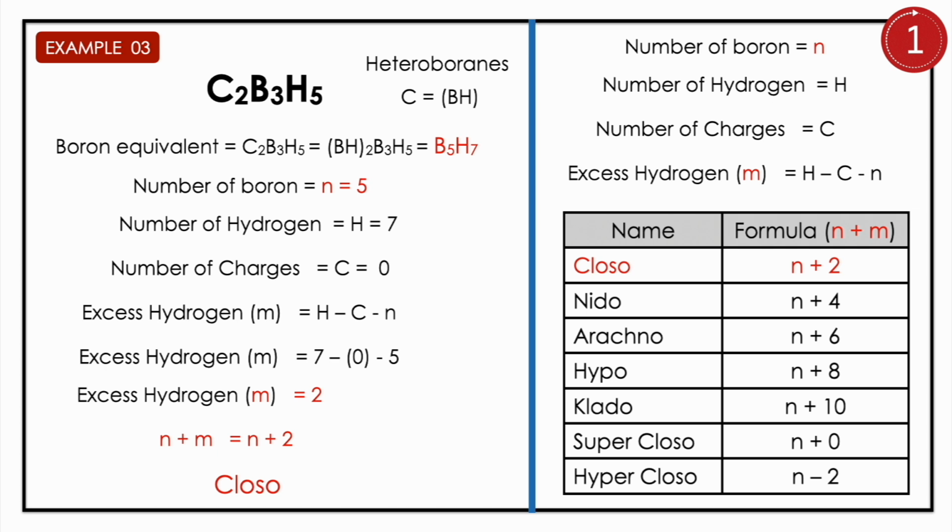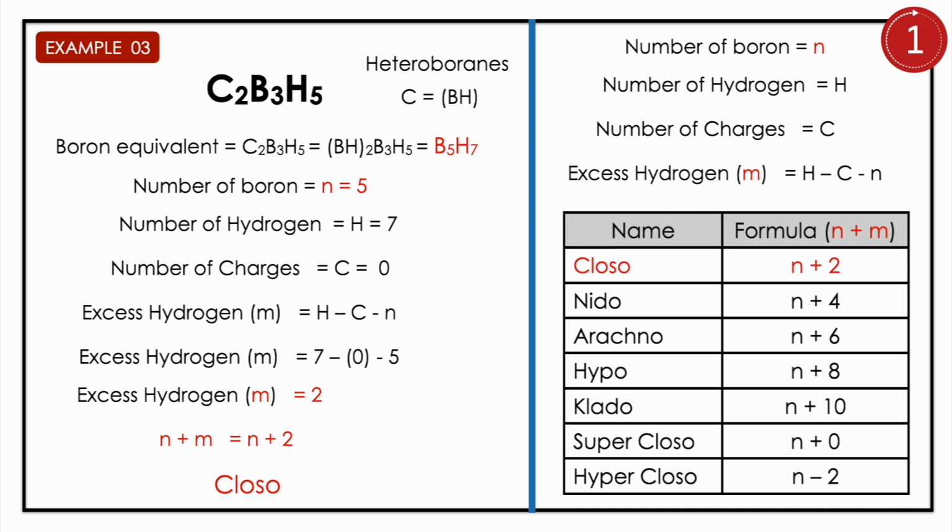We will go by the formula. Borane is 5, so N equals 5. Hydrogen is 7, so H is 7. The compound doesn't have any charges, so C is 0. Excess of hydrogen is M. That is what we have to find. M is H minus C minus N. H is 7, charge is 0, N is 5.